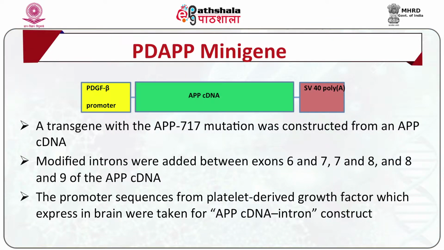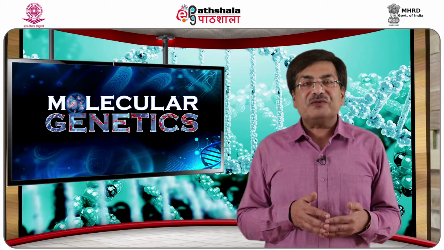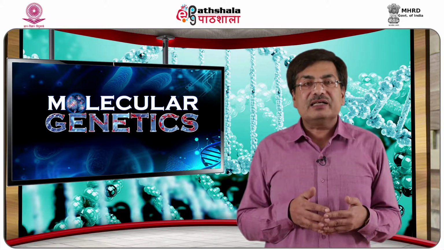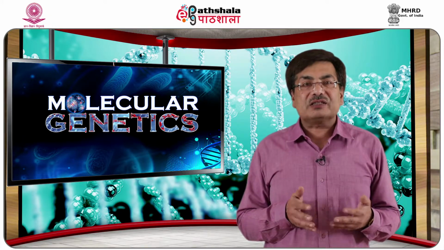A transgene with the APP717 mutation was constructed from an APP cDNA. Modified introns were added between exons 6 and 7, 7 and 8, and 8 and 9 of the APP cDNA. Presence of introns in the transgene increases the rate of transcription.